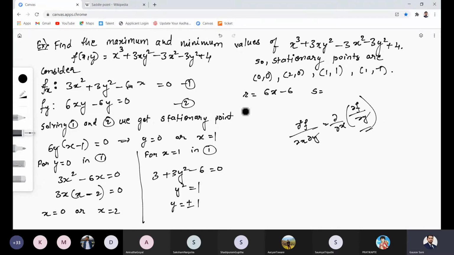So take f with respect to y, the second equation, and take the derivative with respect to x of it. That is going to be 6y. Please check the calculations, because this is the point where you get confused while studying. T is nothing but the second derivative with respect to y, and that will be 6x minus 6.